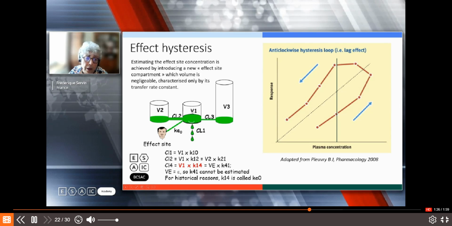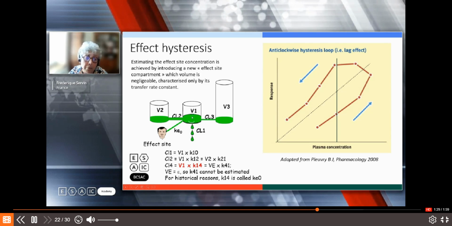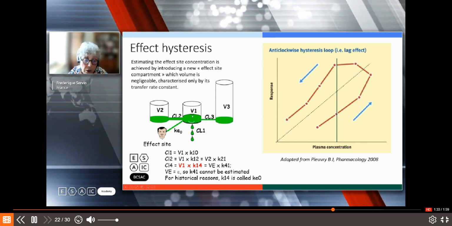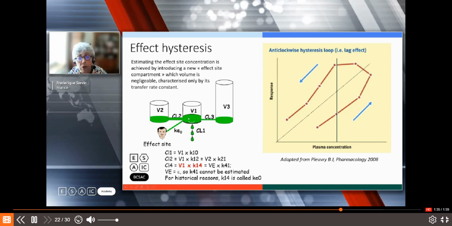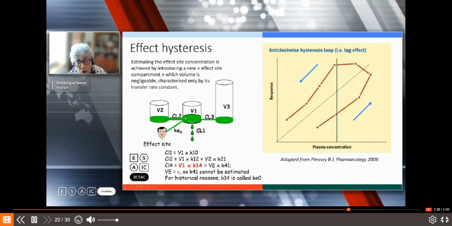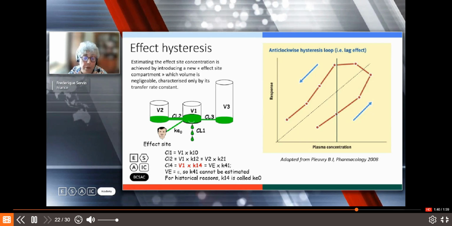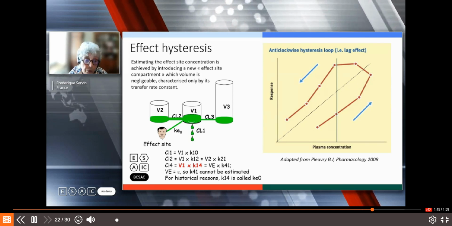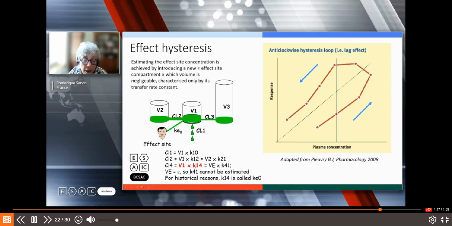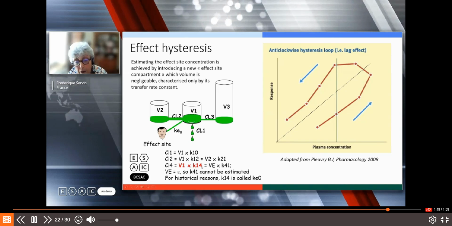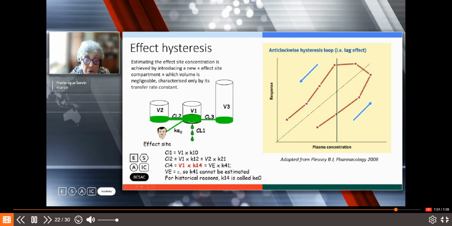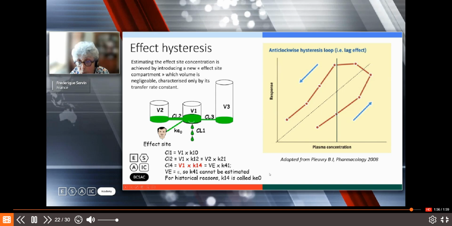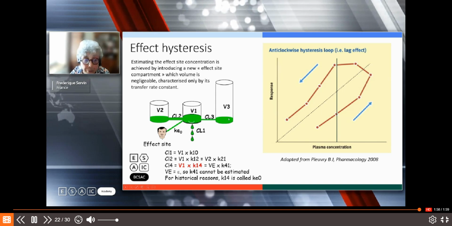And so you will define it mainly by the intercompartmental clearance, which will be the product of the volume of the central compartment by a constant transfer rate from V1 to V4, and this is k14. I have no time now, but this k14 is, for historical reasons, called ke0 in the papers.